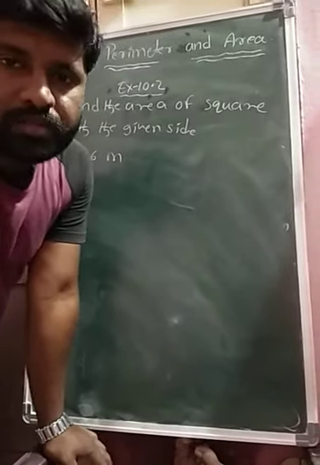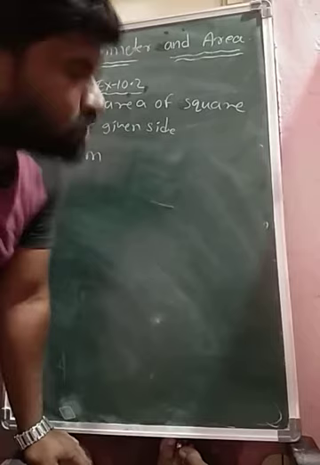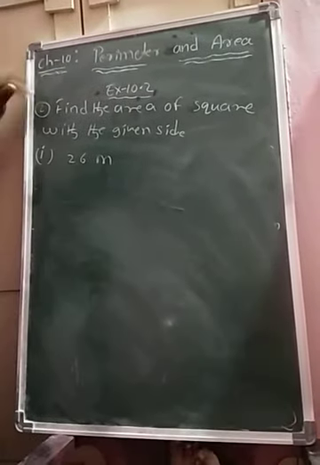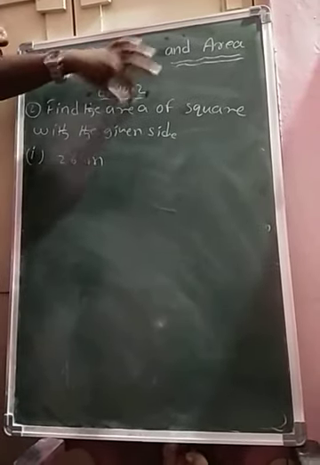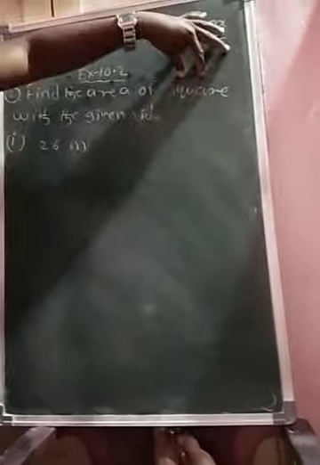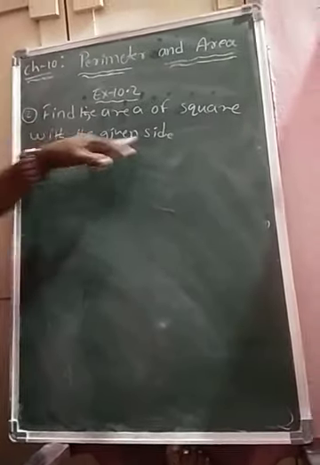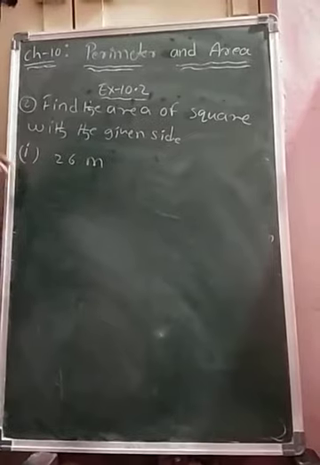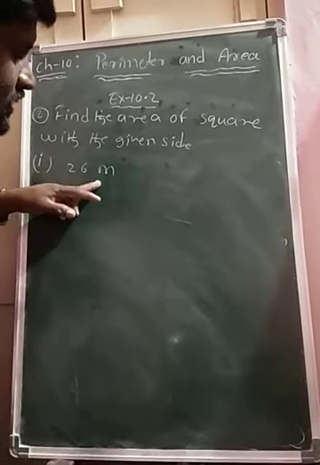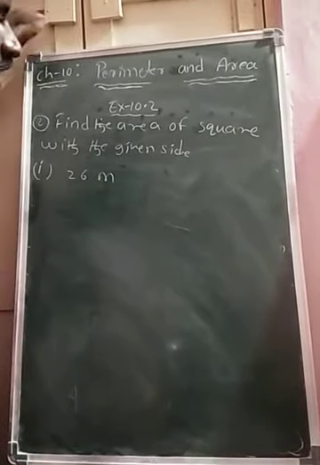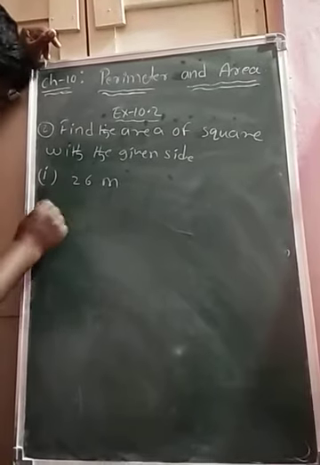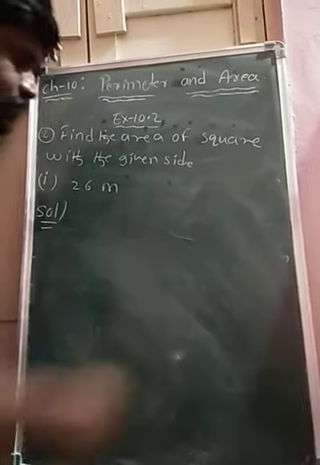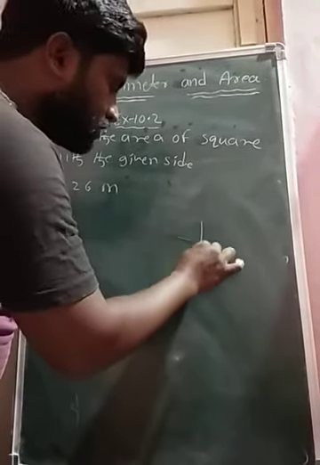Okay students, now the next question, the second one: find the area of the square with the given side. What is the given side? The given side is 26 meters. First of all, draw a square.